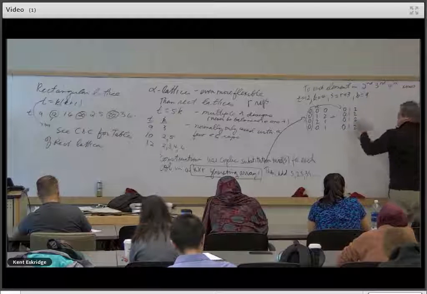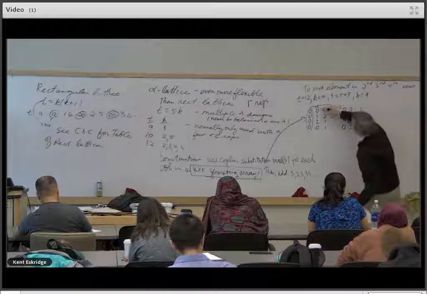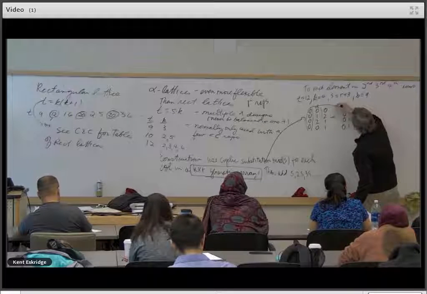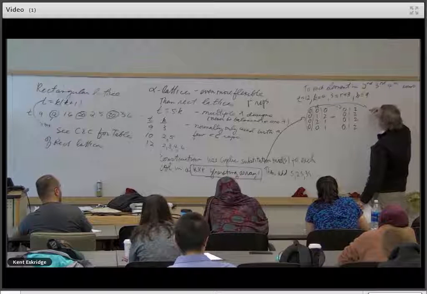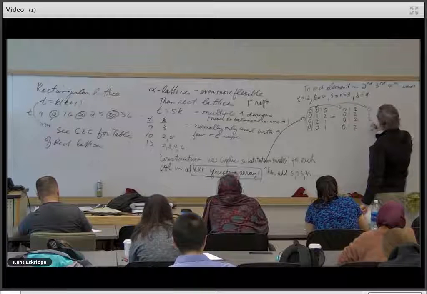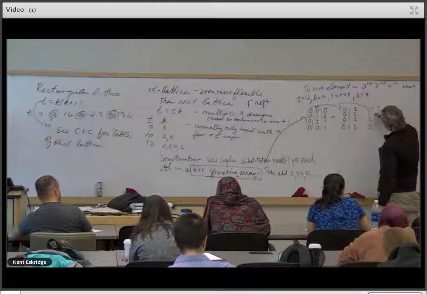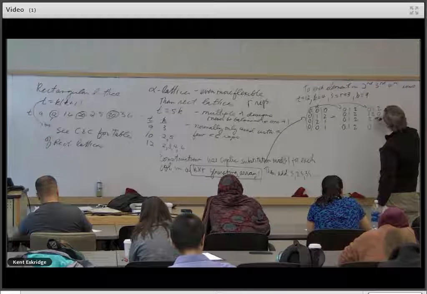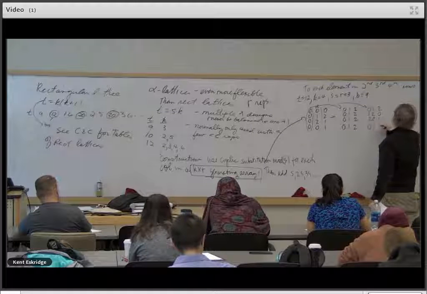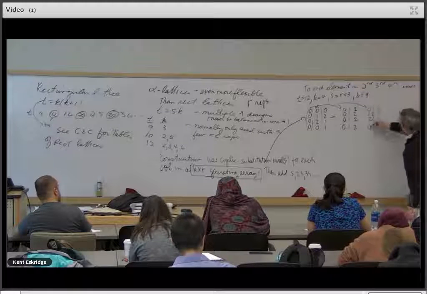And that's going to be for the first rep. Then the second rep, I take the second generator. And it comes over here, and the second generator is 0, 1, 2, 0. And then I cycle those. 0, 1, 2, 1, 2, 0, 2, 0, 1, and 0, 1, 2. Okay, so that's that generator.